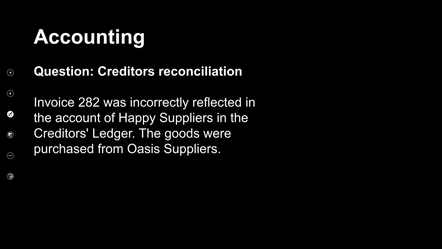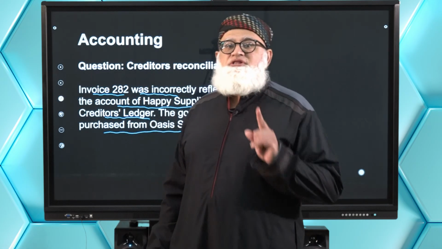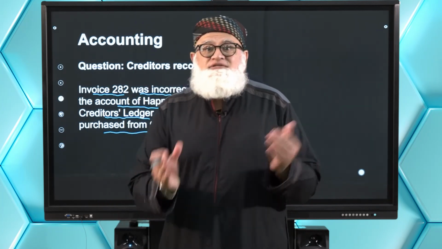Okay, the next one says, invoice number 282 was incorrectly reflected in the account of Happy Suppliers in the creditors ledger. The goods were purchased from Oasis Suppliers. Once again, the question that you ask yourself, where is the error? Who has made the error?